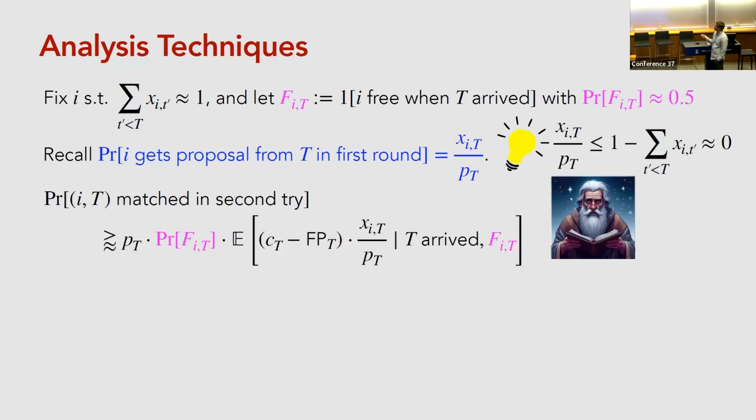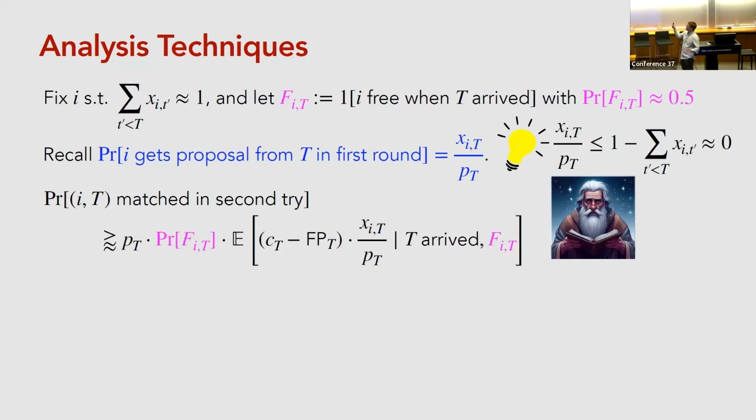So in particular, the chance that I is matched in the second try is approximately lower bounded by the following. T should arrive, so that happens with probability PT. I should be free when T arrives, so it happens with probability FIT. And now, here's why the insight is useful.